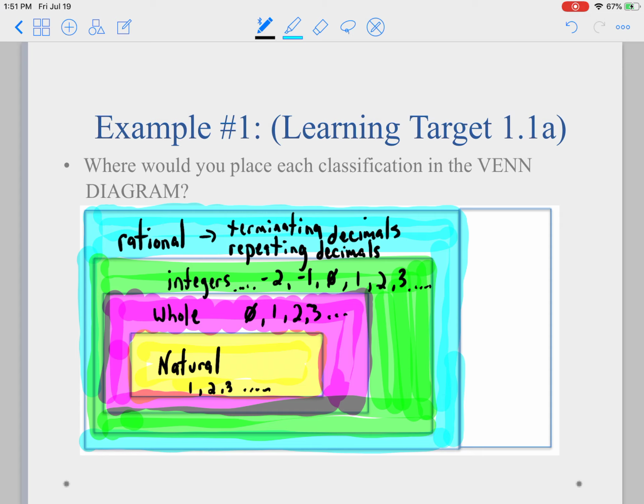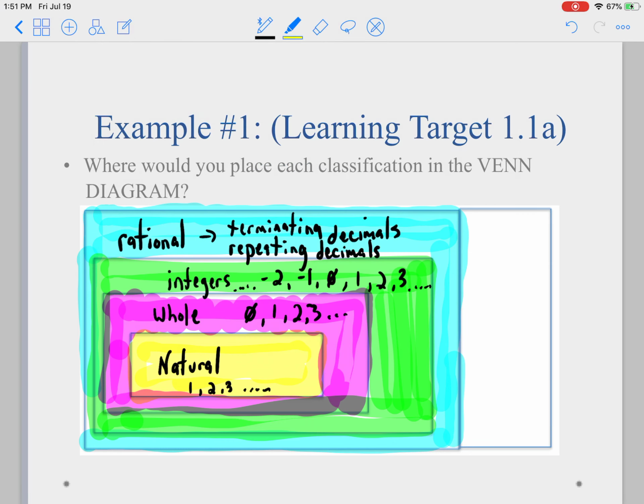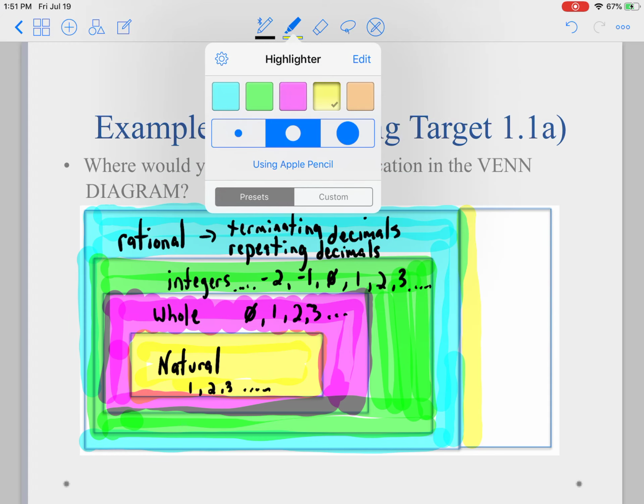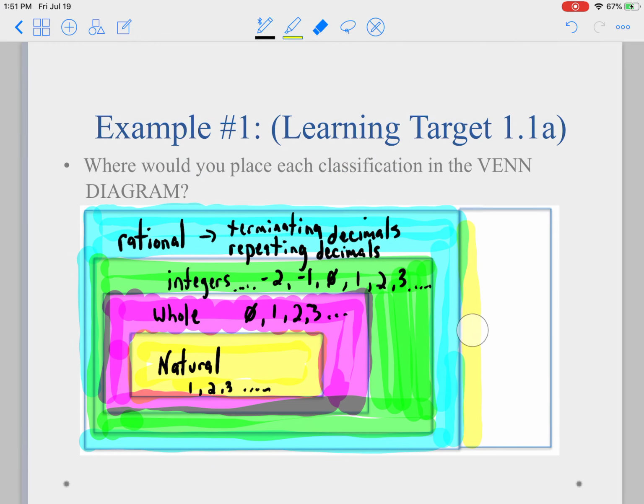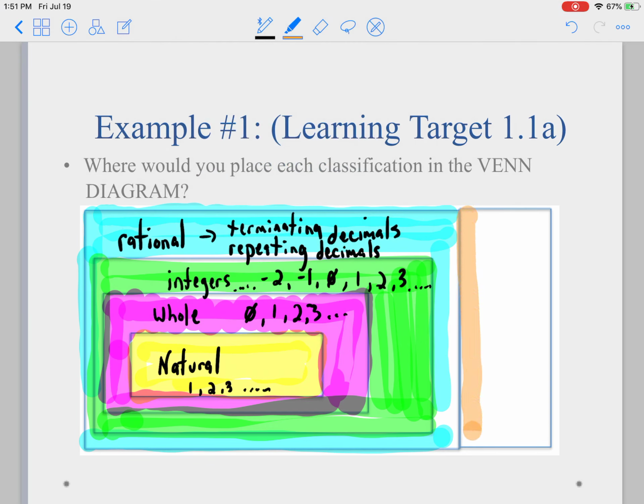So now we've accounted for our natural, whole, integer, and rational numbers, but that still leaves one set to be defined. And if you recall, that one set to be defined could not be included with any of these other sets of numbers.